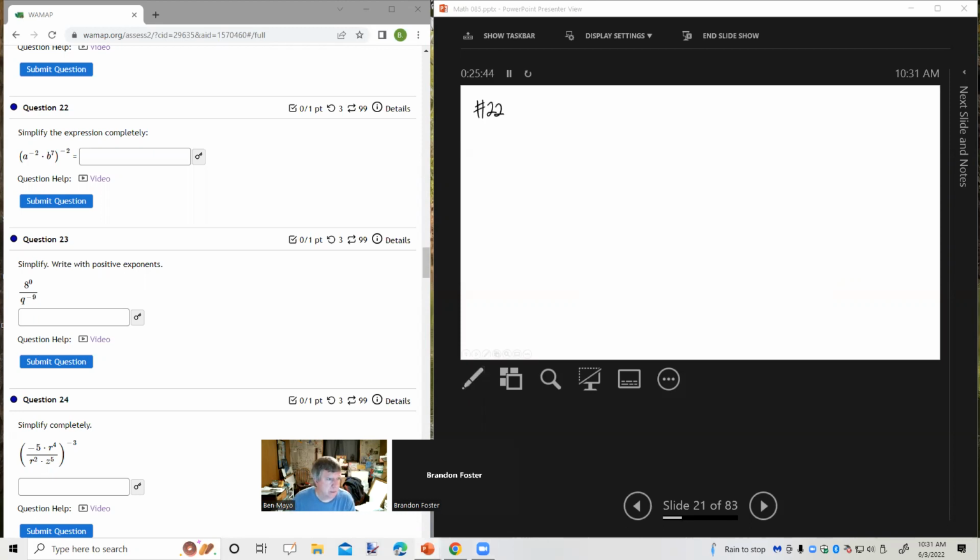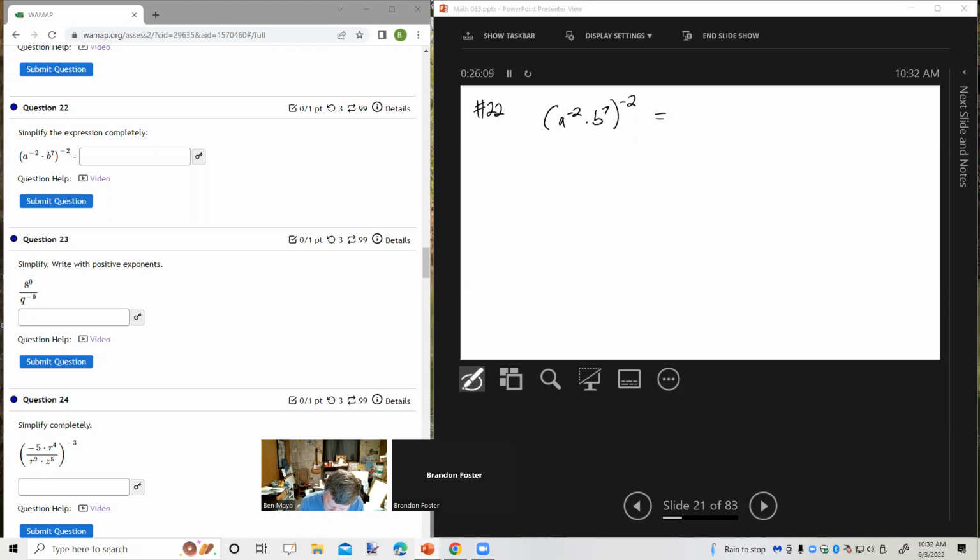And here we go. All right, number 22, it says, simplify the expression completely. We have in parentheses, a to the -2 power times b to the 7th power, the whole thing to the -2 power. So there's a couple of different ways we can approach this. One way is we can say, well, we have a product raised to a power.